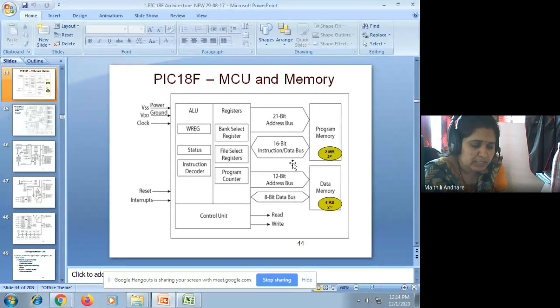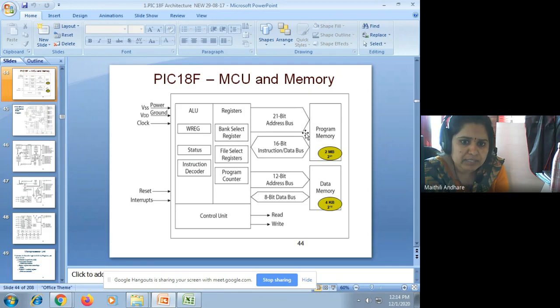What I suggested in the last lecture also is that you should do a comparative study; only then will you get a clear understanding of the PIC microcontroller. Otherwise you will get confused between the 8051 and PIC microcontroller. During the lectures I will also give the differences or comparative statements between these. 8051 is a Von Neumann architecture where program memory and data memory are the same, so only one address bus and one data bus are available.